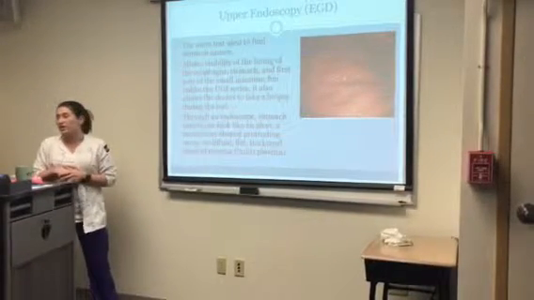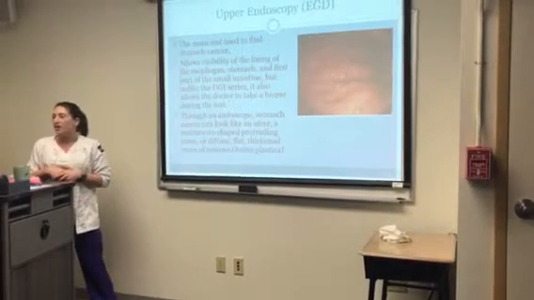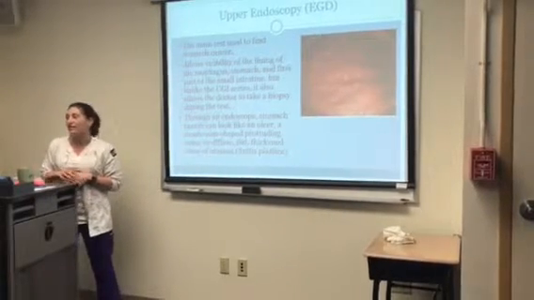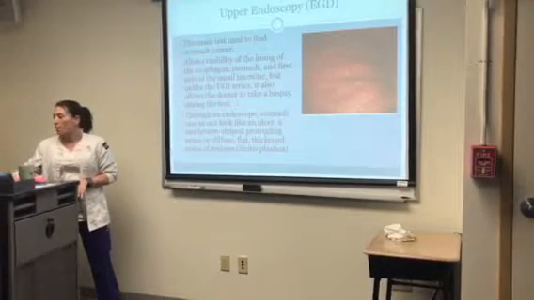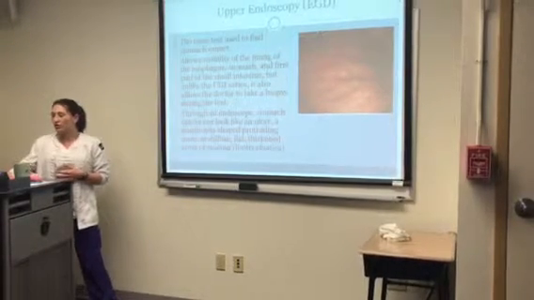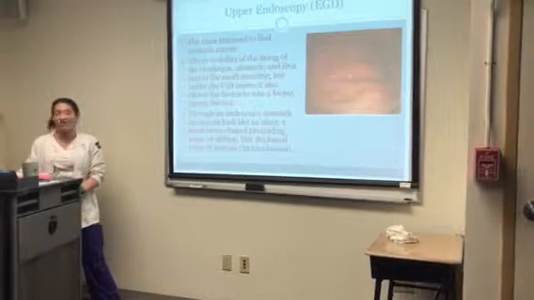It also allows visibility of the lining of the esophagus, stomach, and first part of the small intestine, but unlike the upper GI, it also allows the doctor to take a biopsy during the test. Through the endoscope, stomach cancer can look like an ulcer, a mushroom-shaped protruding mass, or diffuse, flat, thickened areas of mucosa.